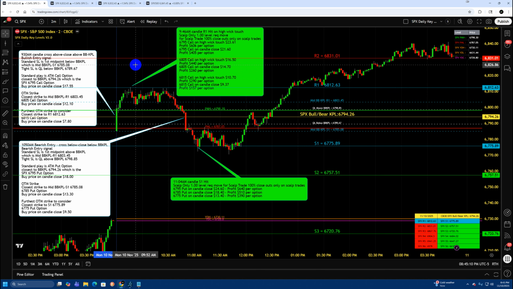So on a regular trade, when it hits the minimum required move, which in the case for a regular trade is a 1.5 level move in your favor, as opposed to a scalp, which is a 1 level move in your favor, you have several options. One is 100% closeout. The other is adjusting your stop loss to break even, which in the case of options is now changing your stop loss to a price-based stop loss.